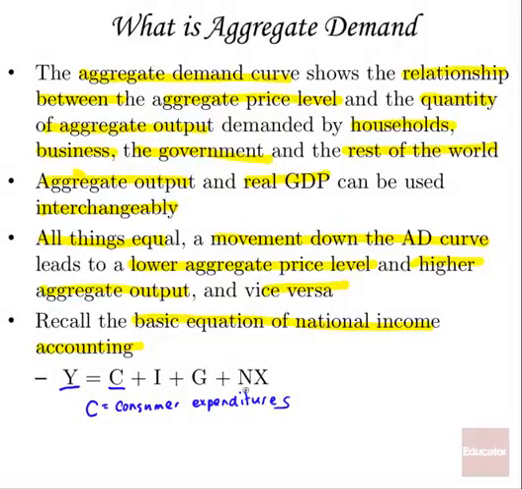Again, the consumer expenditure portion of this macroeconomic equation accounts for the vast majority of American expenses. I equals business investments. G equals government expenditures.